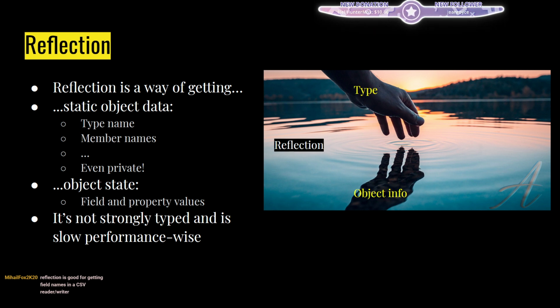Using reflection, you can also get data of an object. So all that you can do with normal code, you can do with reflection, except that it's way slower and shouldn't be abused.